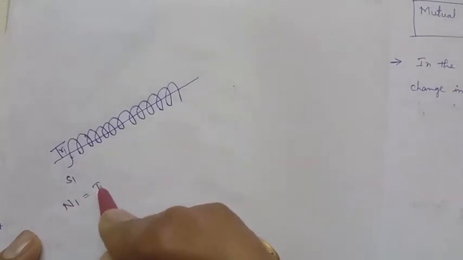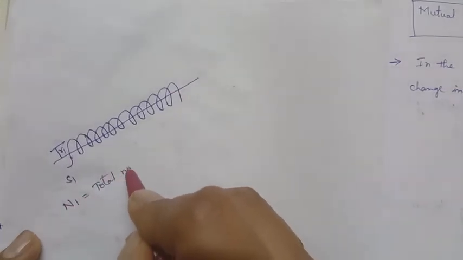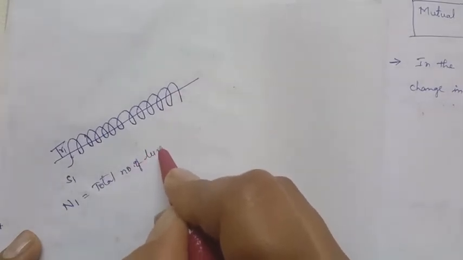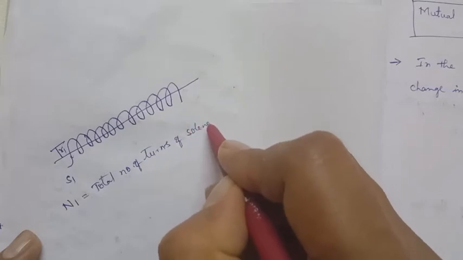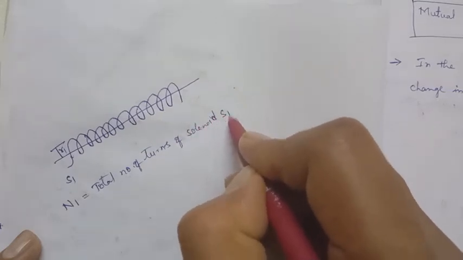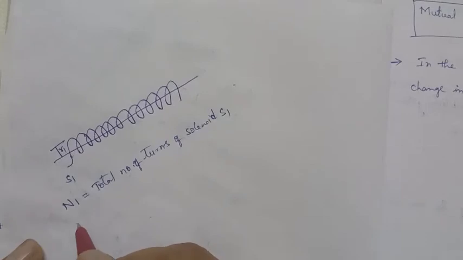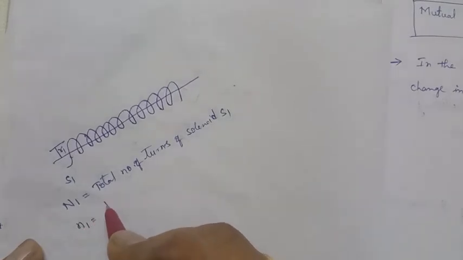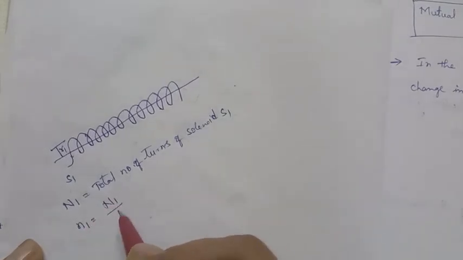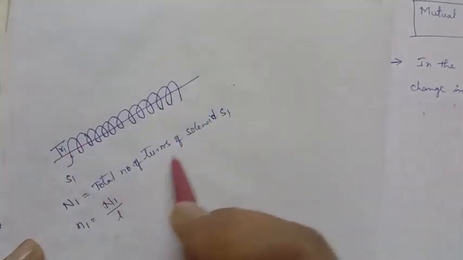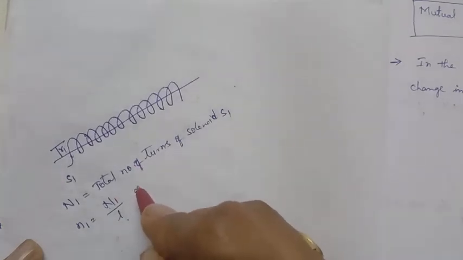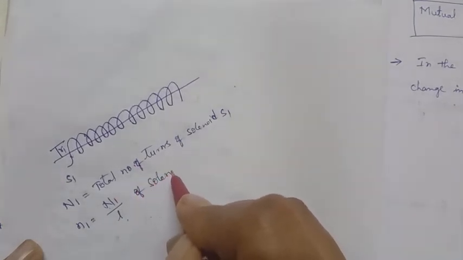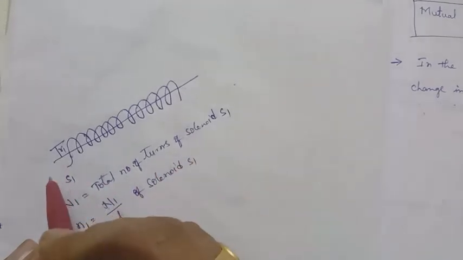N1 means total number of turns of solenoid S1. And small n1 is N1 by L, where L is the length of the solenoid, that is the number of turns per unit length of solenoid S1.